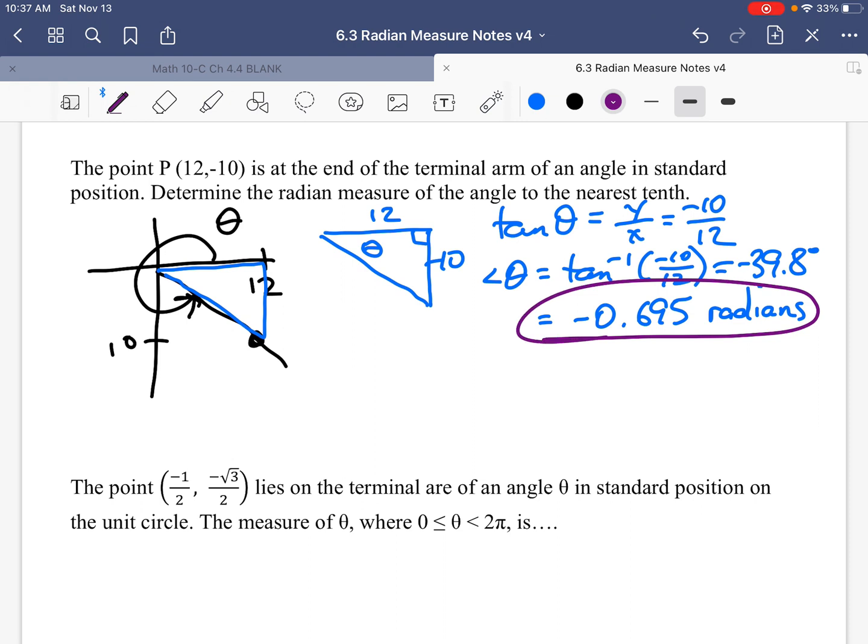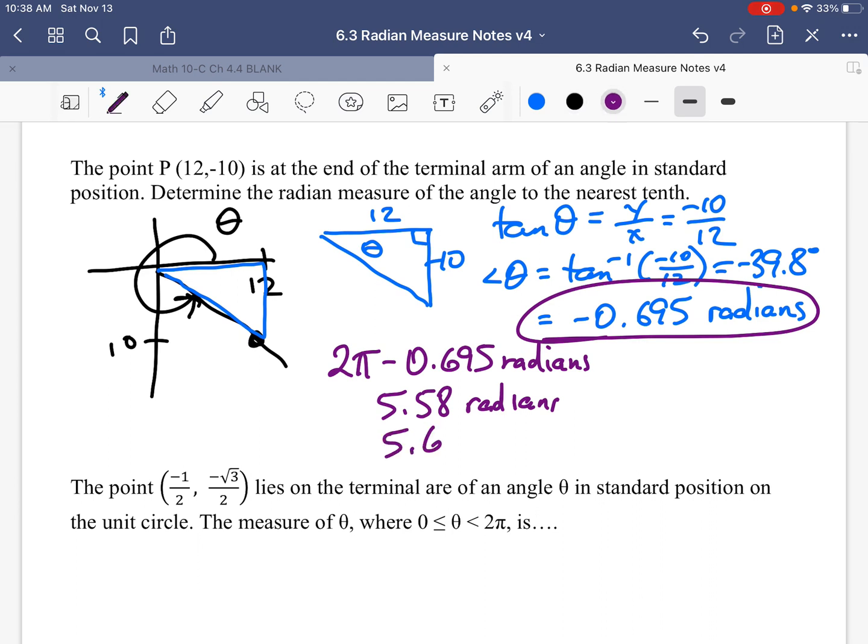This is wrong. Minus 0.695. It's supposed to be the first angle coterminal to that, so it's 2 pi minus 0.695 radians, 5.58 radians. Now that rounds off to nearest tenth, so that's 5.6.